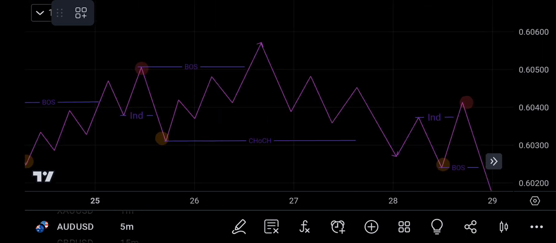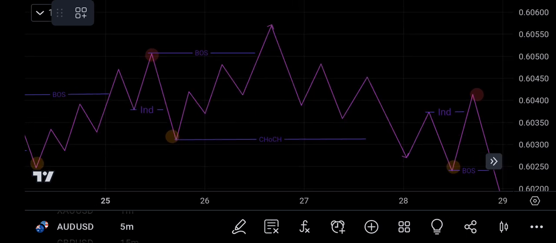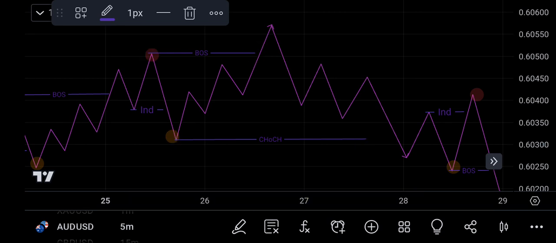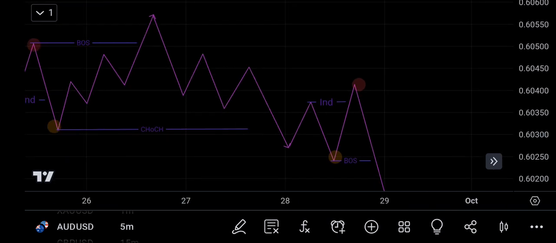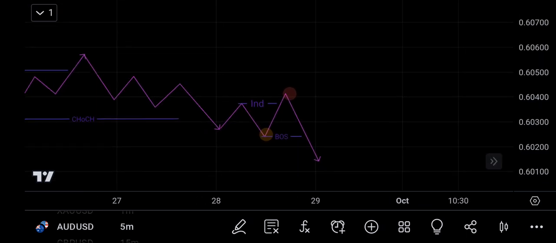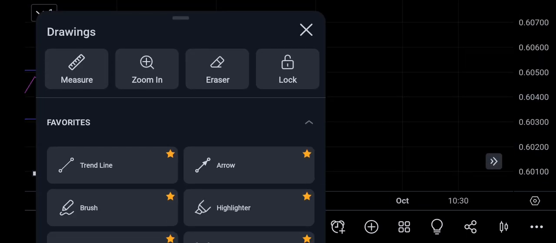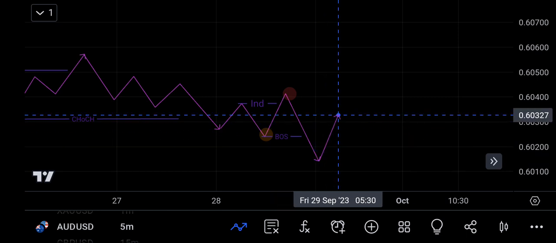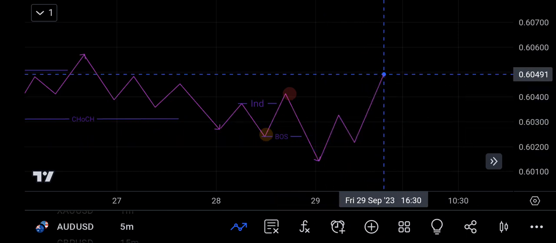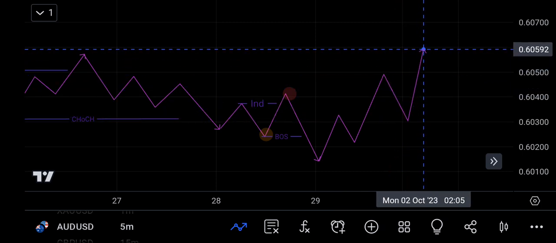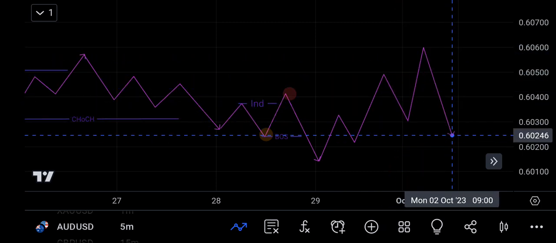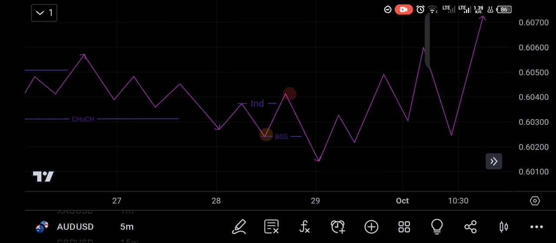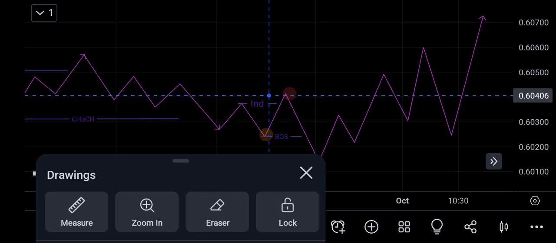Another thing you should consider is, what do we have here? We have a break of structure to the upside and to the downside. So that's change of character. Now we have found our high here. If the market now comes upwards like this, then what do you see?